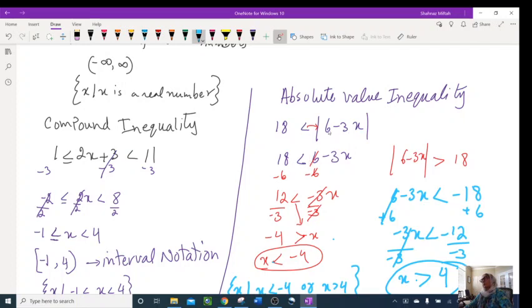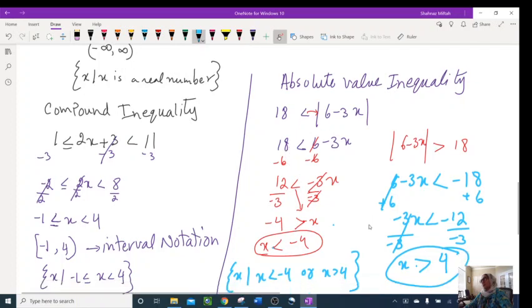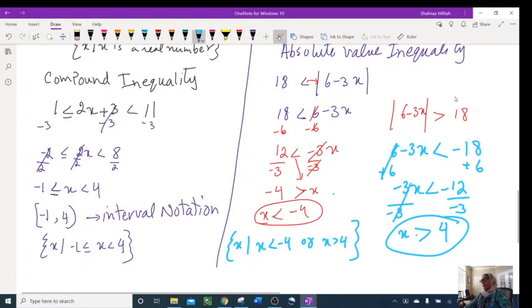Now for inequality, I'm doing the same thing. This is already isolated, so I got the answer simply. But the other one has to be negative 18. So for the negative, you also have to flip the inequality sign.